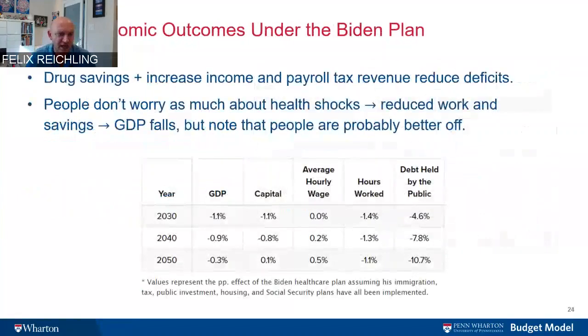All of these changes have effects on the American economy. And in particular, because people are now better insured overall, households don't worry so much about bad health shocks and the associated high medical expenses anymore, which makes them reduce their hours of work, and they don't have to self-insure, to basically save in case they experience a really bad health outcome, and they also save less.